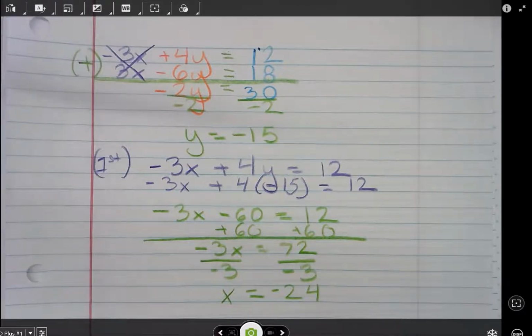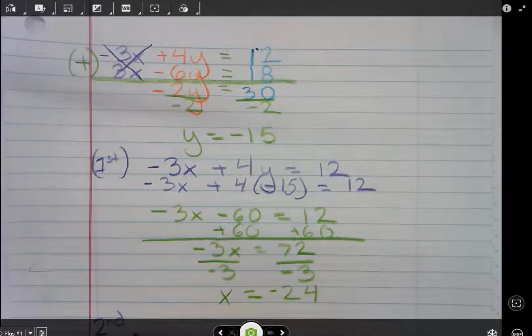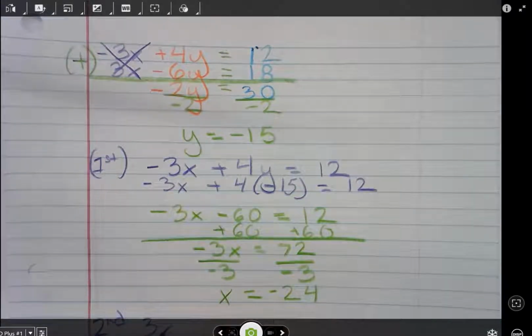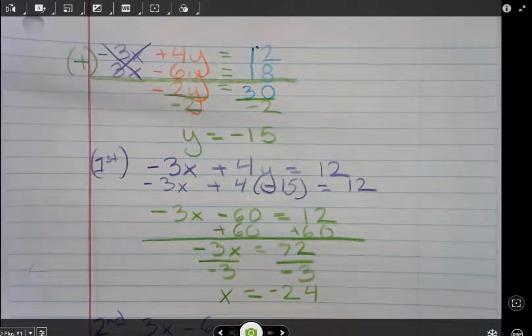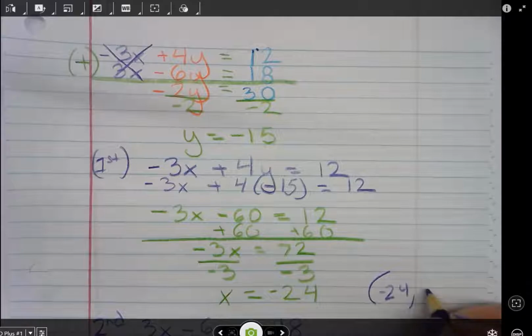I'm going to use the second equation to check. This time I'm going to substitute in both values. So I have -24 and -15.